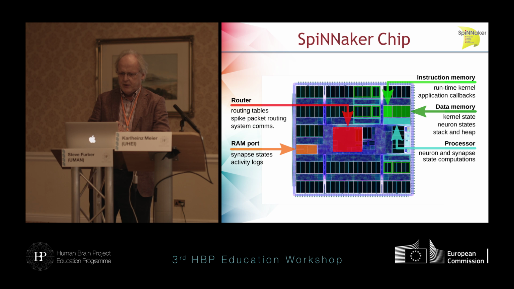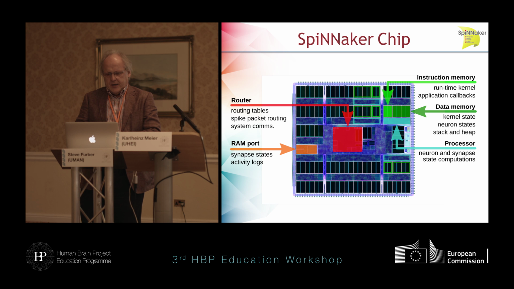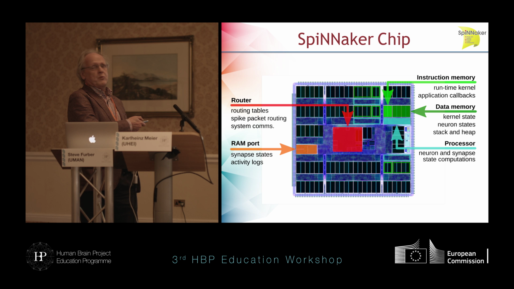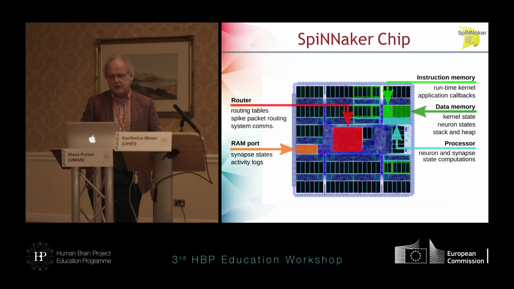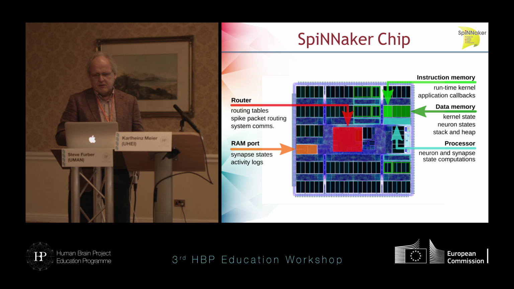If you look at the chip itself, it's got a bunch of processors there in the blue area. I might actually use a pointer here. Yes, so the processor's somewhere in there. There's other stuff. It's all compiled by a synthesizer, so it's completely unrecognizable to humans.